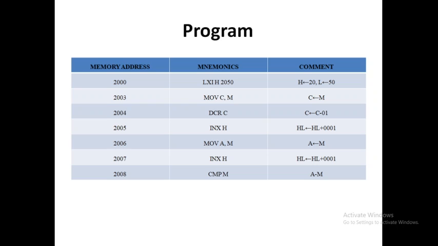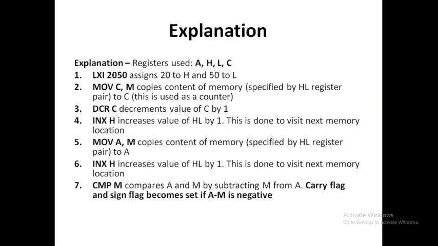Two conditions or possibilities can occur: A could be greater than M, or M could be greater than A. If A is greater than M, then it is okay, but if M is greater than A, then the value of M should be copied to A. We compare A and M by subtracting M from A; the carry flag and sign flag become set if the result is negative.